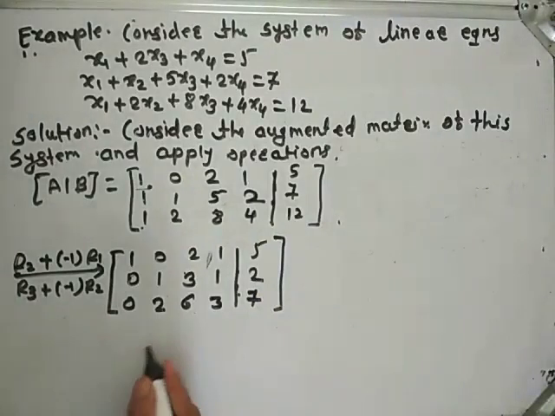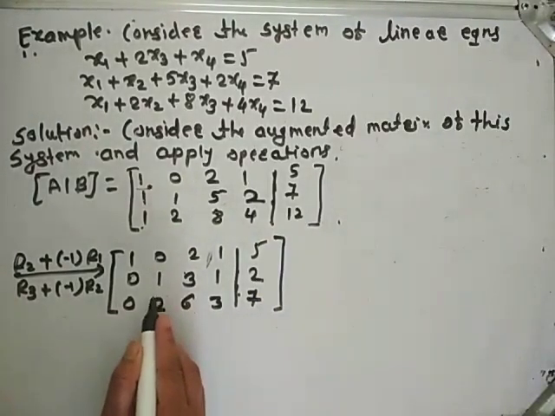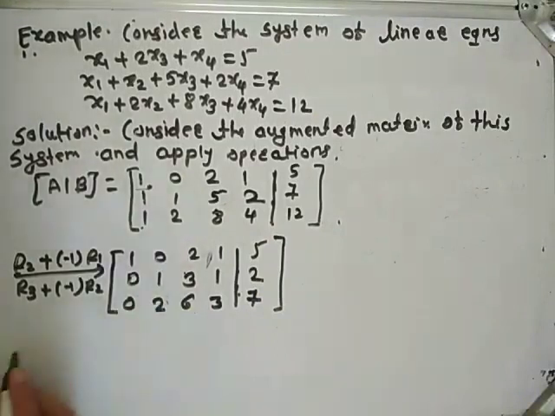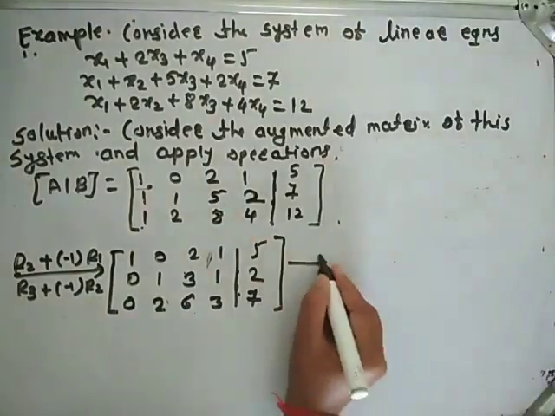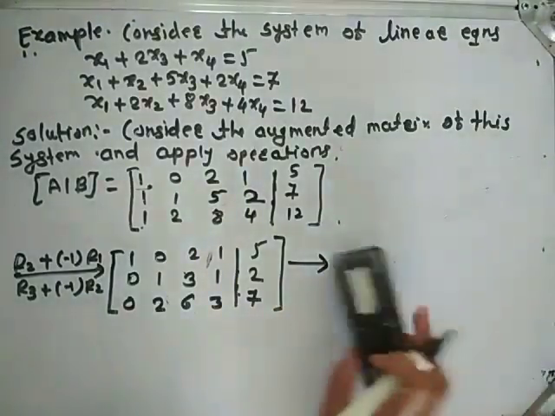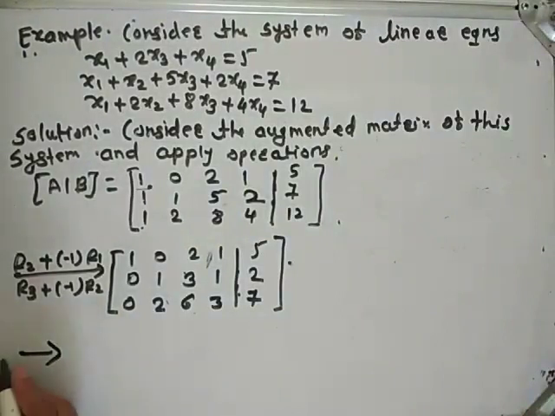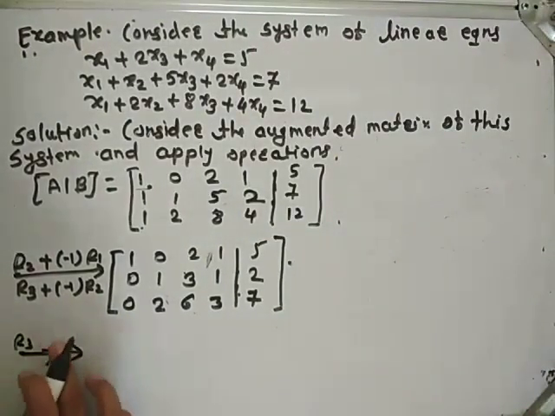Okay. For the second row, this one is the leading one, so here we require 0. For that, we will perform a row operation R3 minus 2 into R2.